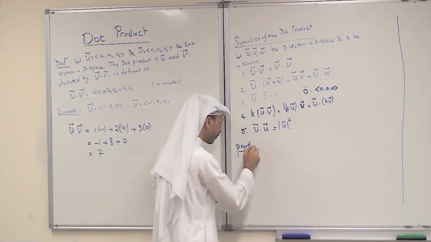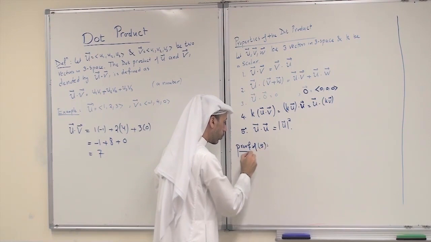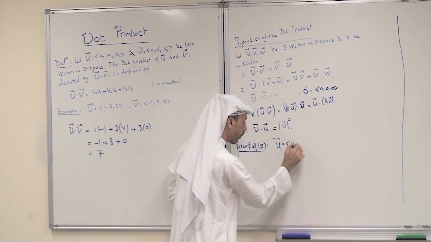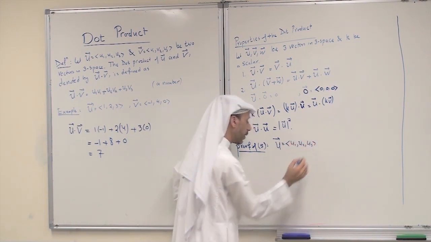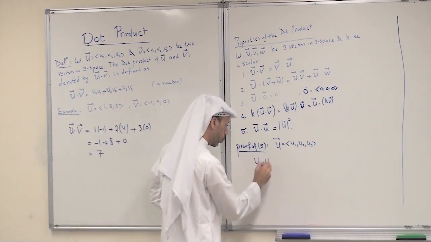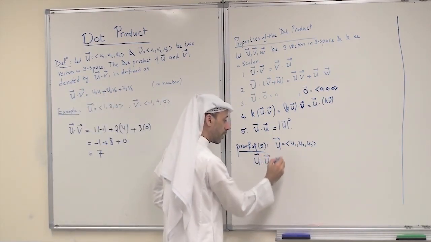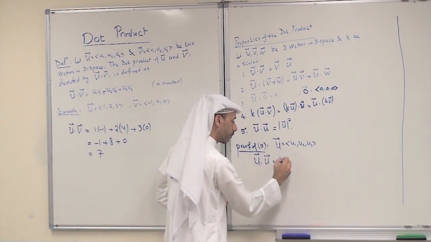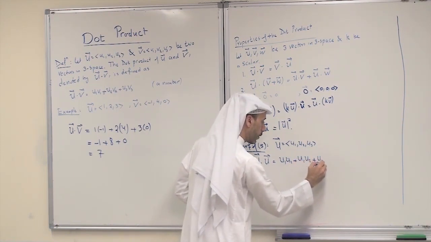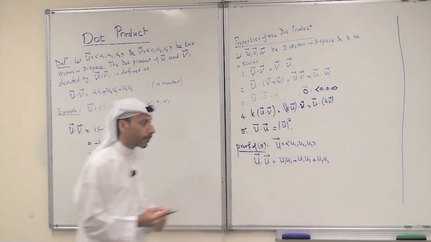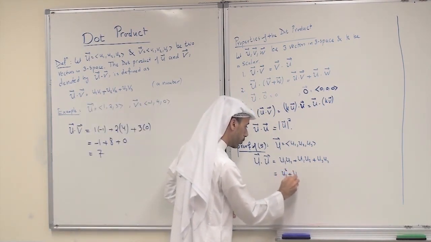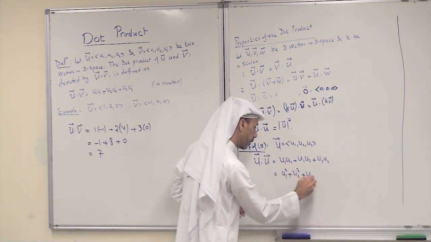Proof of 5. How to prove 5? We take a vector U in 3-space, which is U1, U2, and U3, and find the dot product. Now the dot product of U with itself by definition equals U1 times U1 plus U2 times U2 plus U3 times U3. And this equals U1 squared plus U2 squared plus U3 squared.